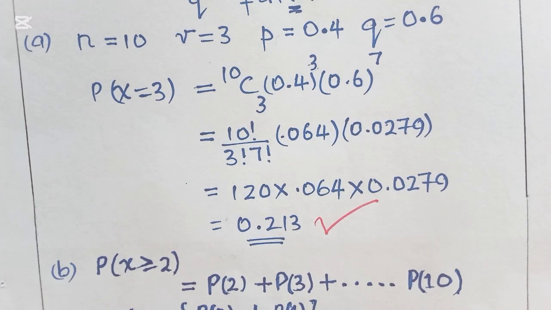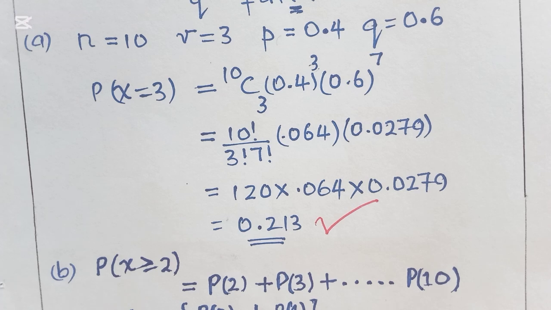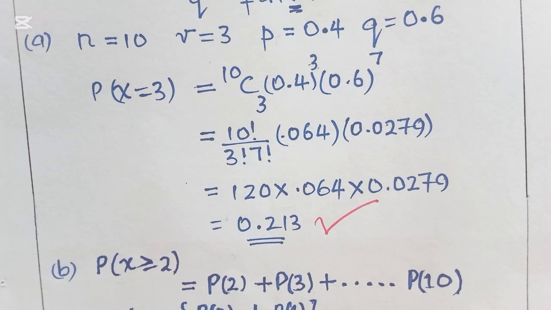And that's what I have done. I have gone to find the probability that there is no resistor that is defective. The 0 represents no resistor that is defective.